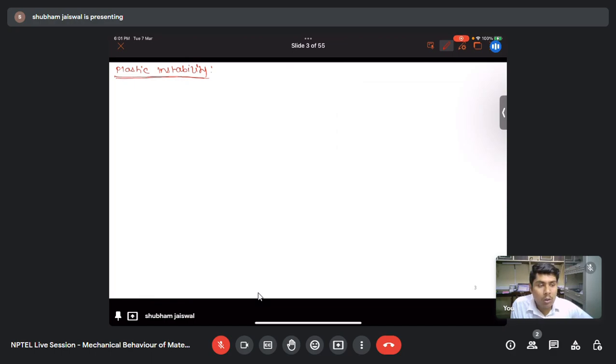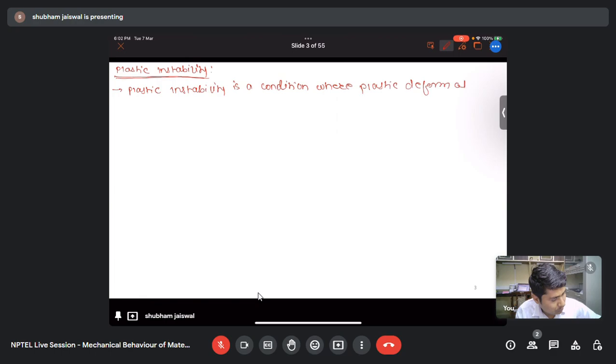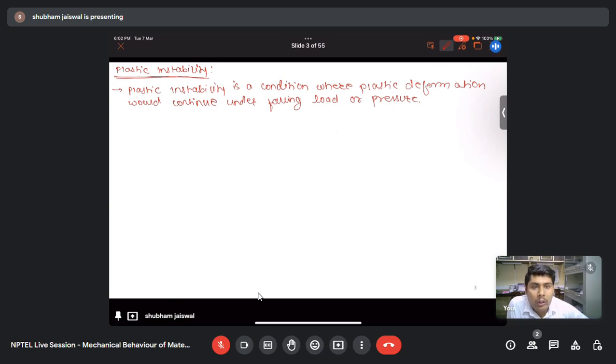So, if the load decreases, but still the deformation will be going on, that condition is known as plastic instability. So, if we are performing uniaxial testing, at what point should it start?